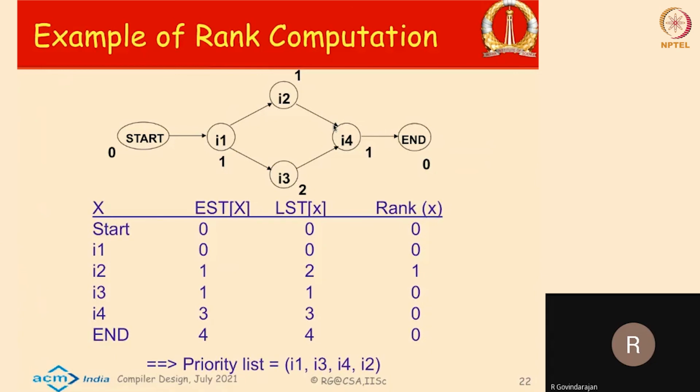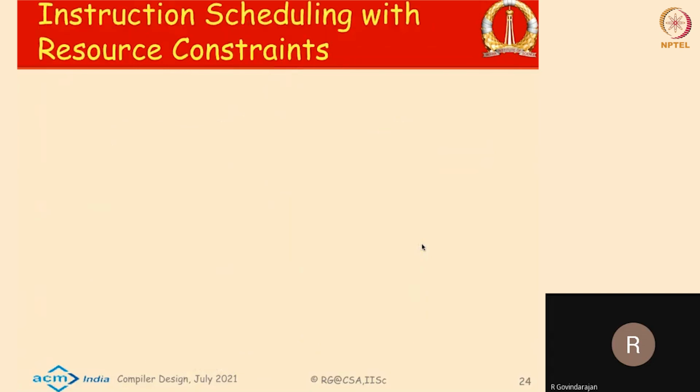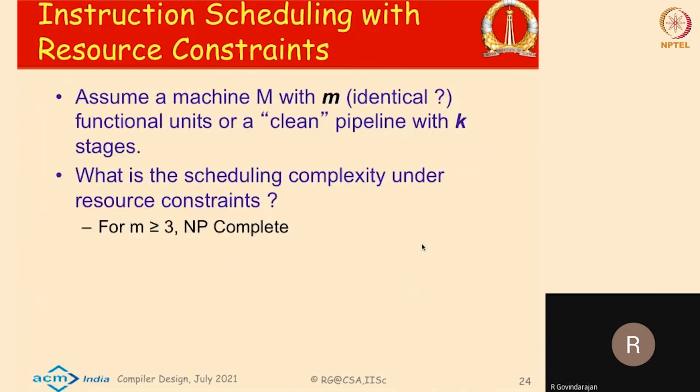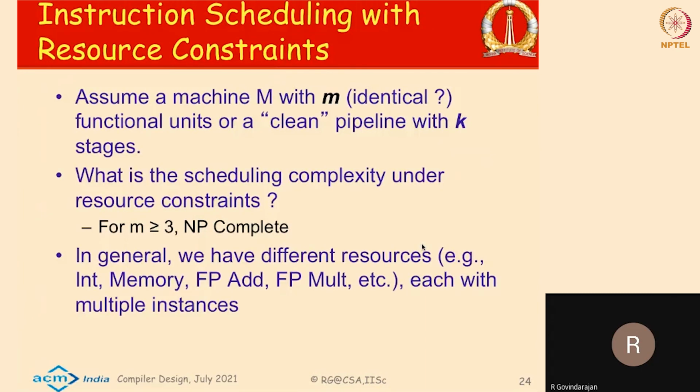You can see these calculations; when you have time, you can go through the slide and identify this. The difference between the earliest start time and the latest start time gives you the slack. The nodes which have the least slack are the high priority nodes. The nodes which have more slack have less priority. These are heuristics that you would use in doing your instruction scheduling.